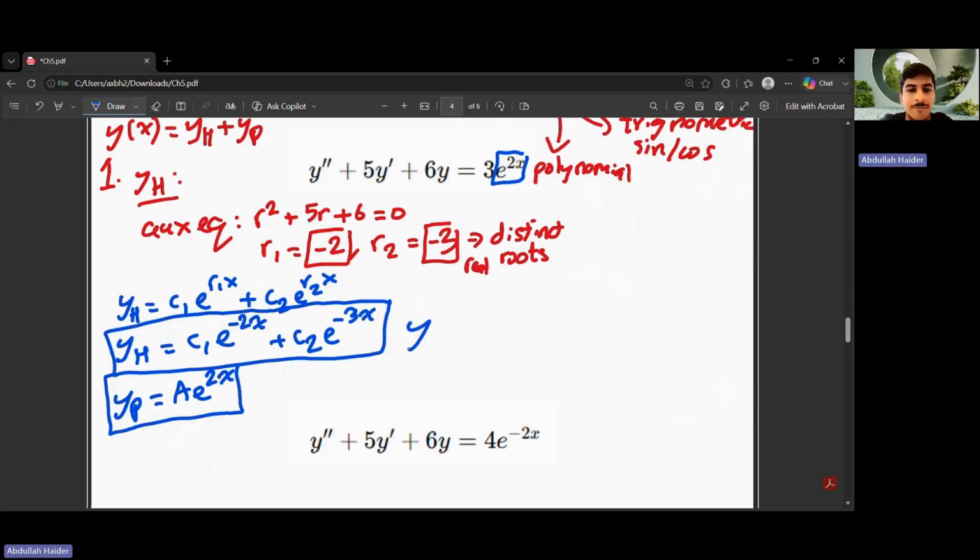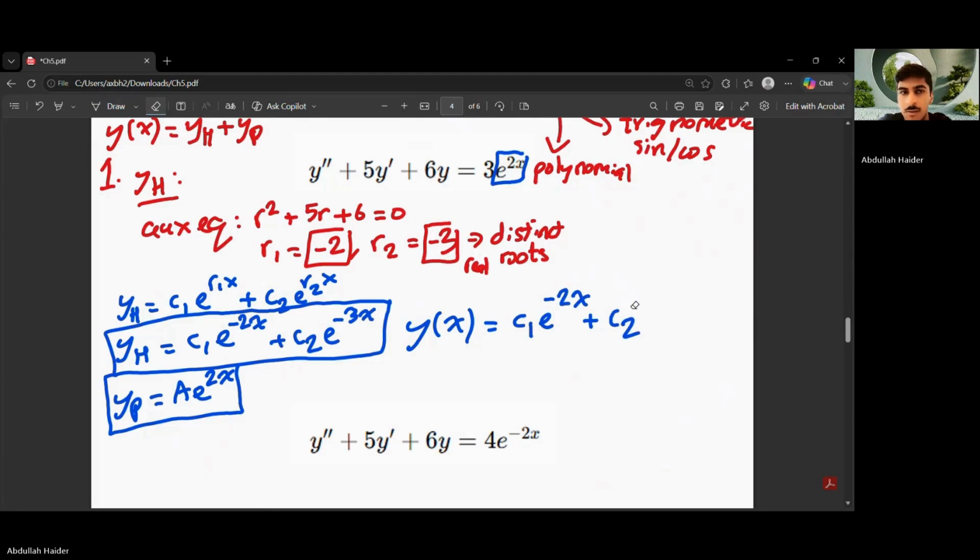So our final solution to this problem is going to be C1 e power -2x plus C2 e power -3x plus ae power 2x.